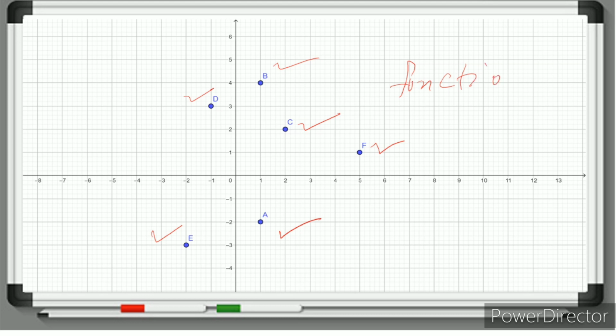Here we have to answer this. To find this, we will again do the vertical line test. Now boys, see, I have drawn a vertical line. You can see the line passes through the points A and B.